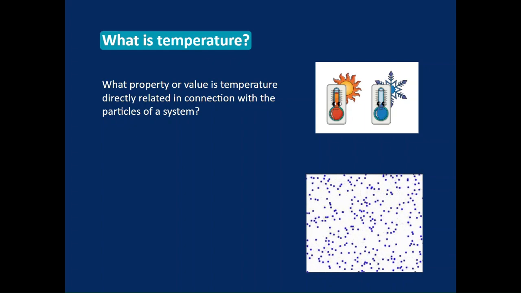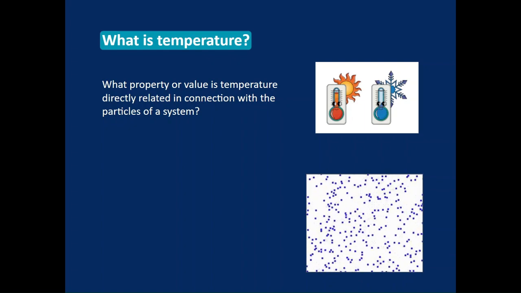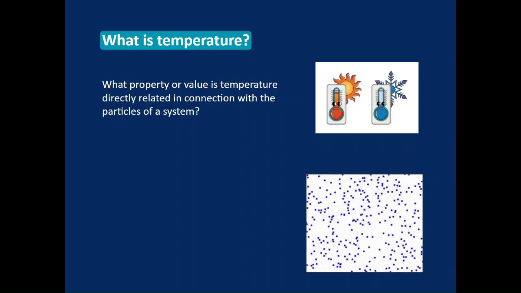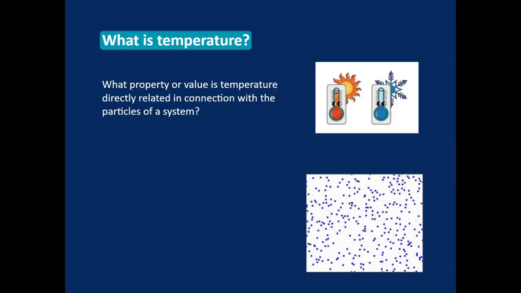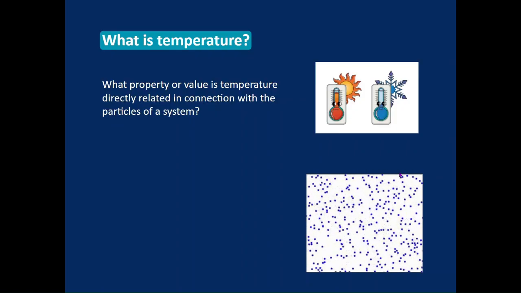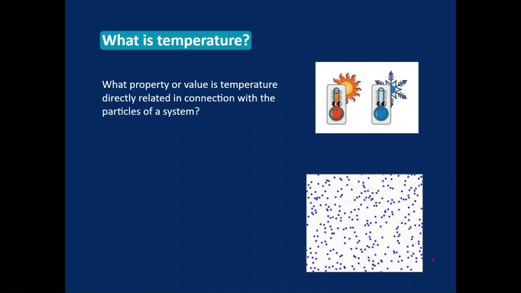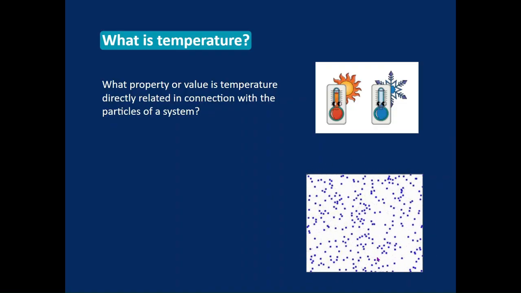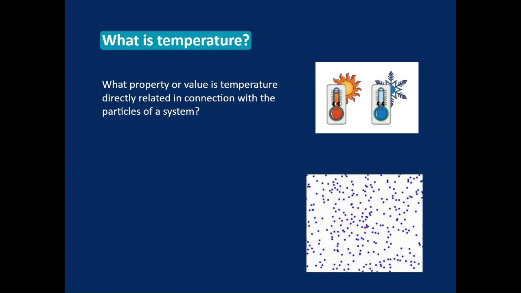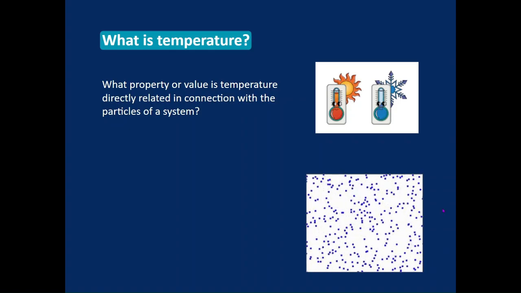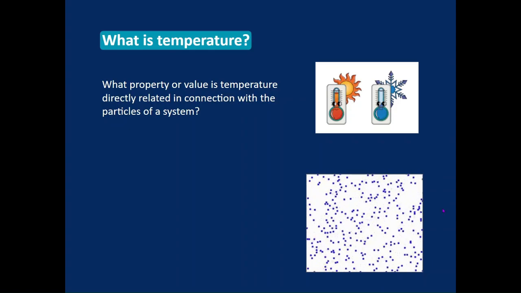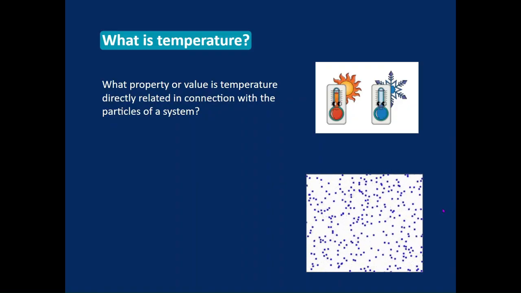Okay, so thinking about this question may have helped you redefine temperature. If you look at this little graphic here, we can imagine that all of these tiny little things are particles, right? Maybe this is a liquid or a gas, and they're all moving around past each other.